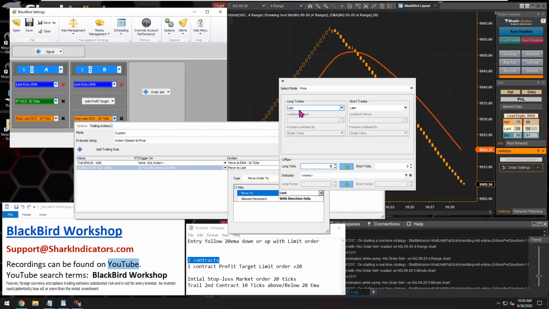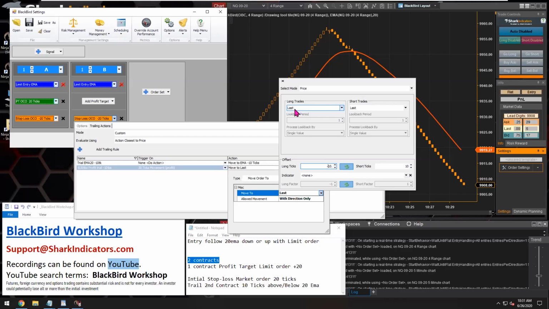If you're trailing by 10 ticks behind the price, then you are using the last price and just creating an offset from the last price of 10 ticks, right? And of course, since this is a stop loss trailing rule, it's going to be the best last price, the most profitable last price.